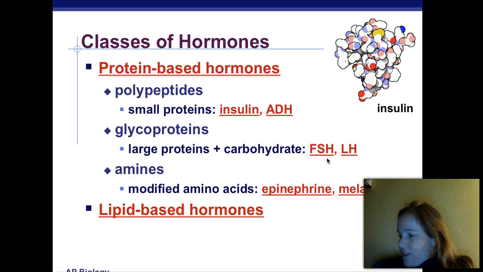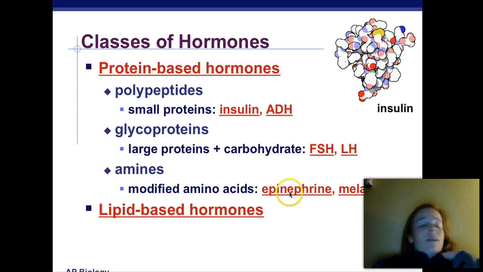FSH, follicle stimulating hormone, stimulates the production of ova and sperm, and it's regulated by the hypothalamus, ovaries, and testes. Then epinephrine and melatonin.